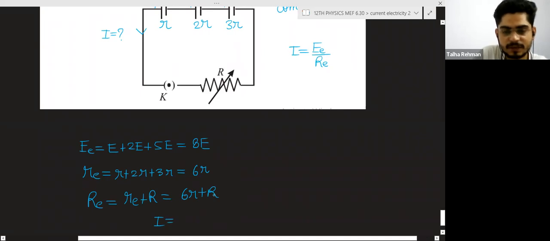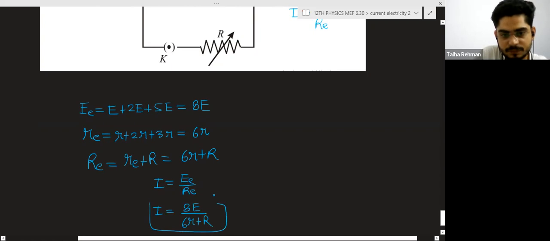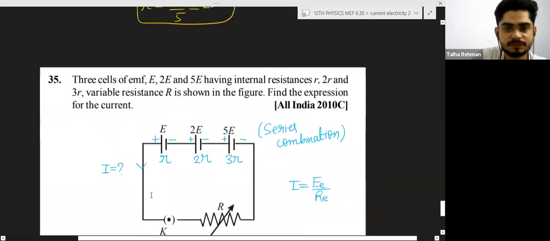What is current? E equivalent divided by R equivalent. E equivalent is 8E. R equivalent is 6R plus capital R. This is your answer, and you will get the 3 marks. See how easy this question is.